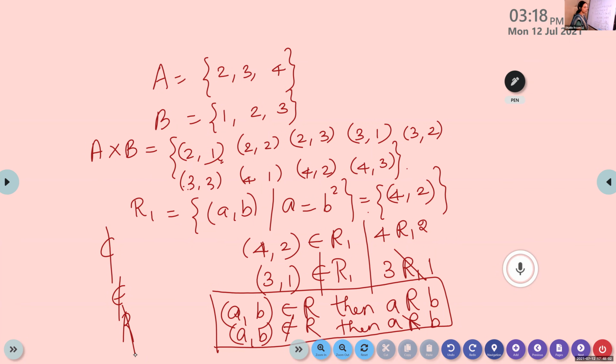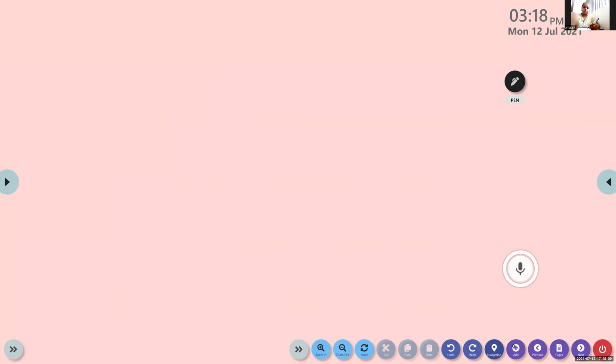A few more notations we'll be learning. Up to this, is it okay? Now let's write another example. Write down.